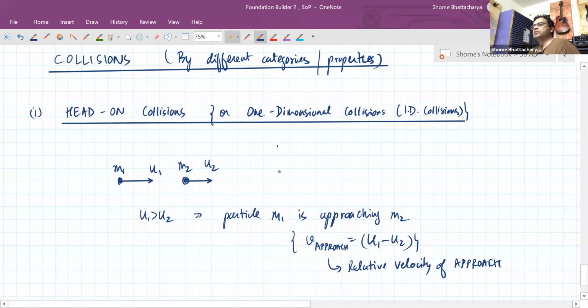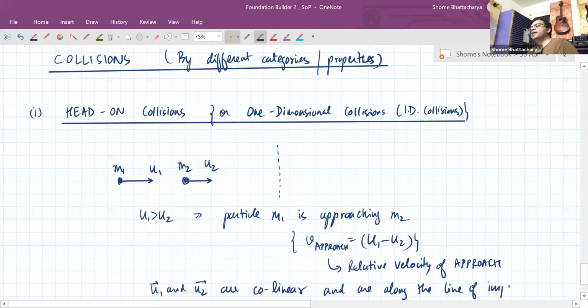Okay. So after a bit of time, when they come in contact, now also as vectors, u1 and u2 are collinear. They lie along one axis. And are along what we call the line of impact. So what is the line of impact?